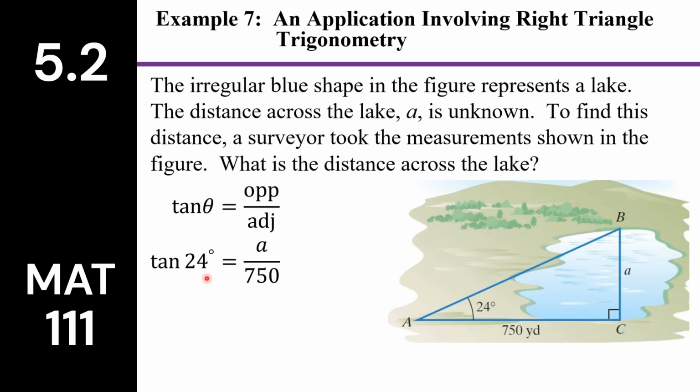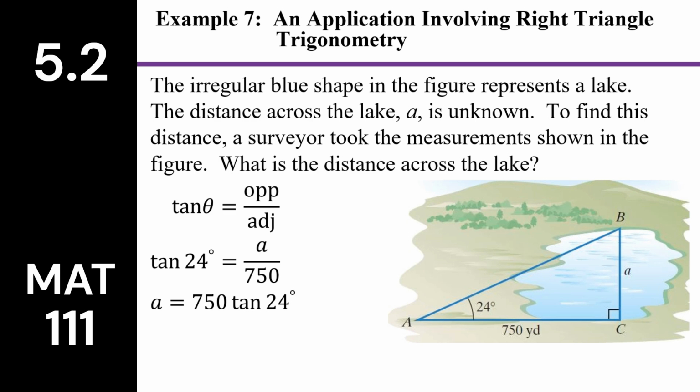Let's fill in these values. The 24 degrees, the adjacent side was 750, and the unknown side is side A. Be careful not to confuse the A for the side with the A that is the first letter in the word adjacent. So now we can cross multiply. Think of the tangent of 24 as being over 1, so A times 1 is A, and then 750 times the tangent of 24.